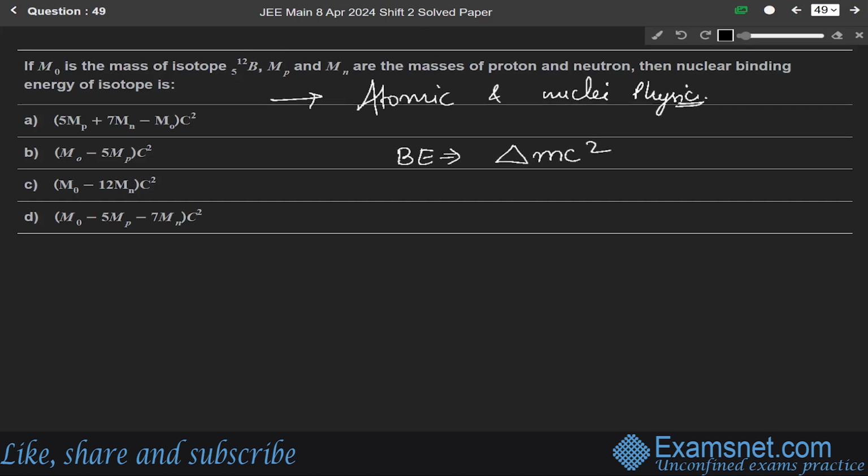And binding energy here will be 5 into mass of proton plus 12 minus 5, that is 7, into mass of neutron minus m naught into c square. So the correct answer is option A: 5 into mass of proton plus 7 mass of neutron minus m naught c square.